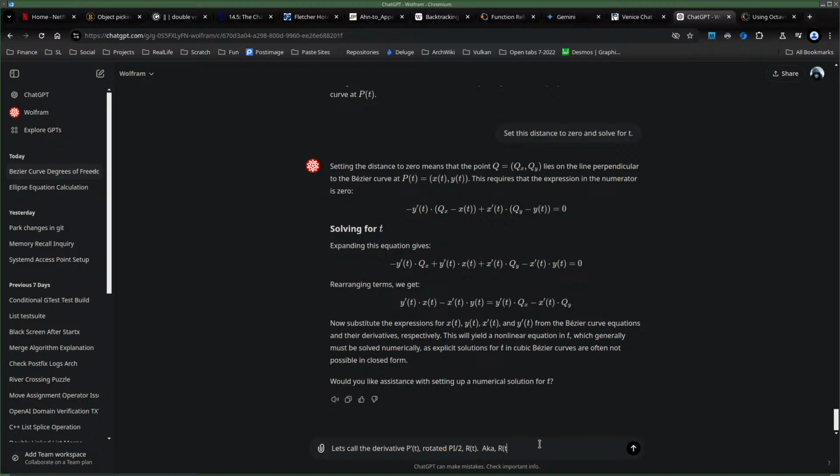Okay, R of t is y prime of t, comma, minus x prime of t. Yeah, for example, suppose you have a point that is in the northeast quadrant, positive x and y coordinates, but the y coordinate is smaller than the x coordinate. And then we swap x and y, so you mirror it in the y equals x line.